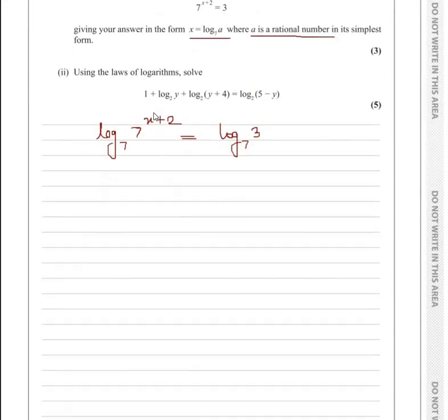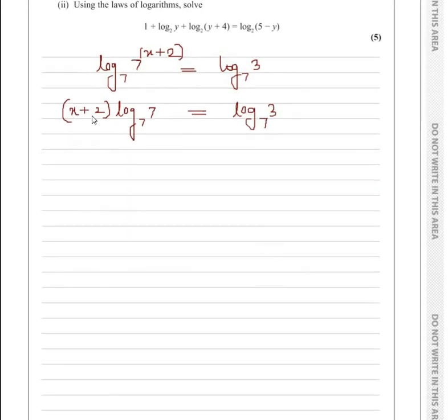According to the properties of logarithms, the power comes out of the logarithm and gets multiplied to it, and it is written as (x plus 2) times log of 7 to the base 7. This is equal to log 3 to the base 7.